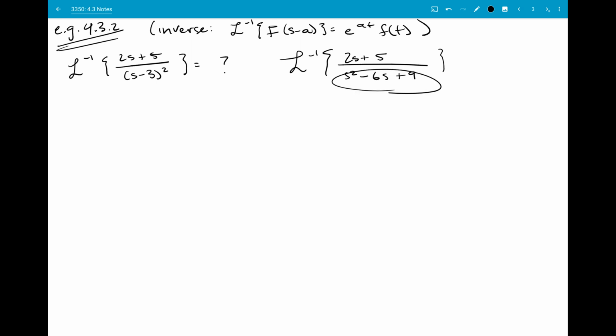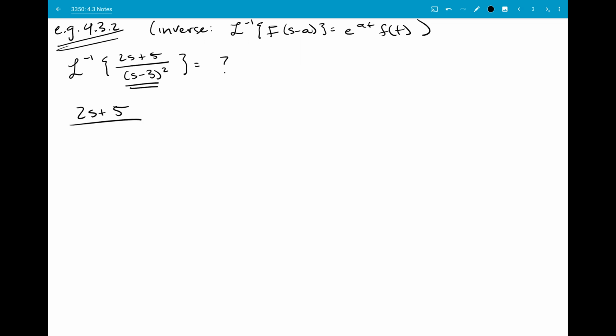You'd be like, oh, I have to factor this and do a partial fraction thing. I don't know. So what's actually going to help us here is that we want to compute this inverse. And what we're going to do is we're going to say that there's this s minus 3 term.